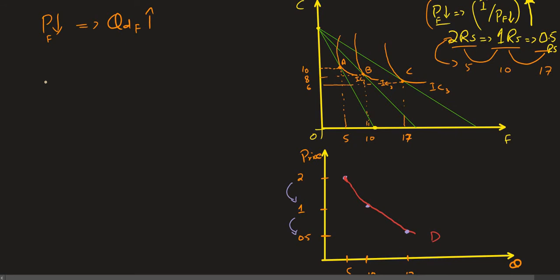So again, first of all, we discussed consumer preferences. In consumer preferences, we discussed the concept of the indifference curve, the IC curve. Then we discussed the budget constraint.